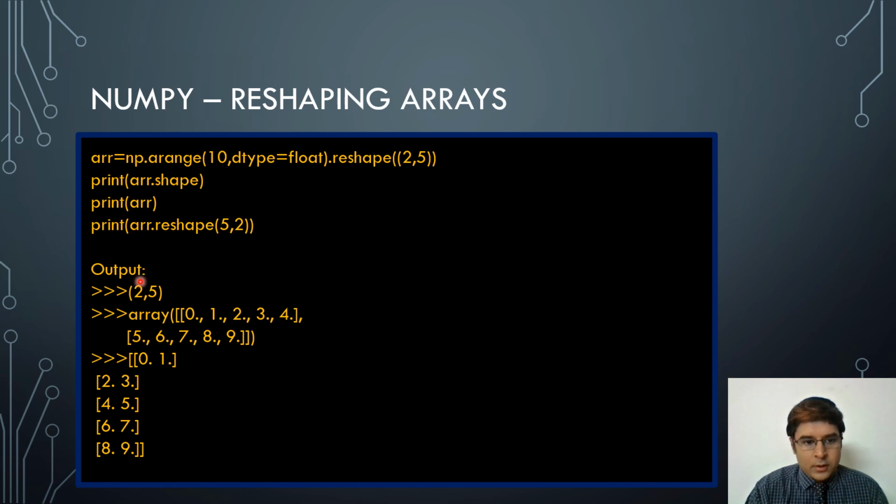Considering we have an array like this, which takes a range from 0 to 9 inclusive, and this is a single-dimensional array, if we reshape it to a two-dimensional array having 2 rows and 5 columns, and we print array dot shape, it will print 2, 5, and print array, it will print something like this: 2 rows and 5 columns. And if we reshape it to 5 rows and 2 columns, it will be printed something like this: 5 rows and 2 columns.